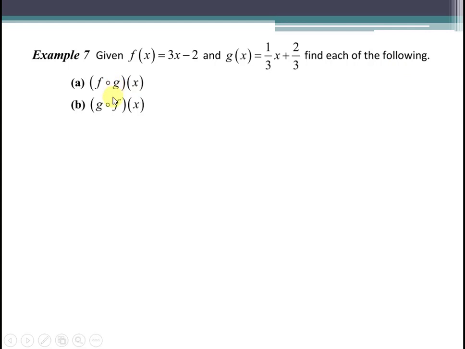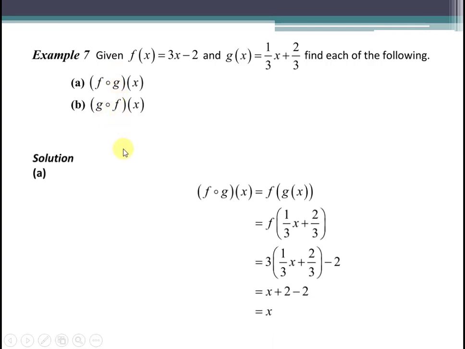So we should find f composition g and g composition f. A1, f of g of x. So again, we should put our g of x instead of x.